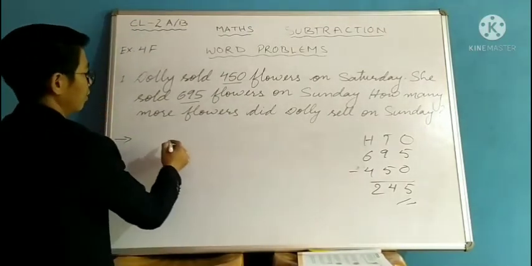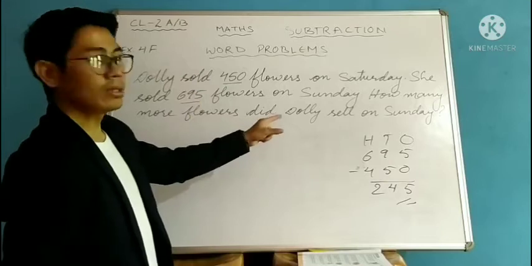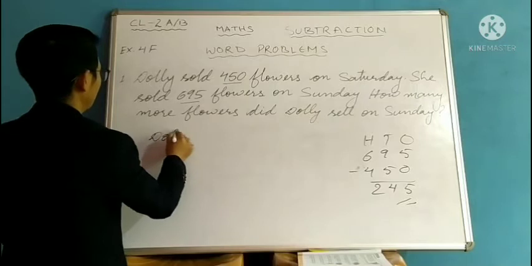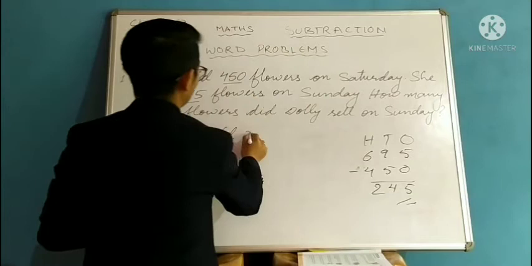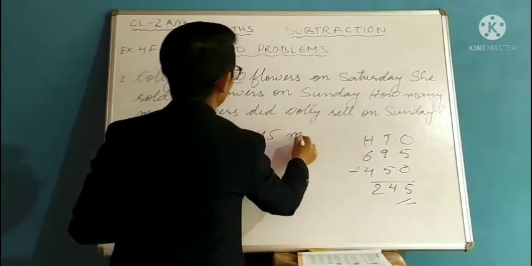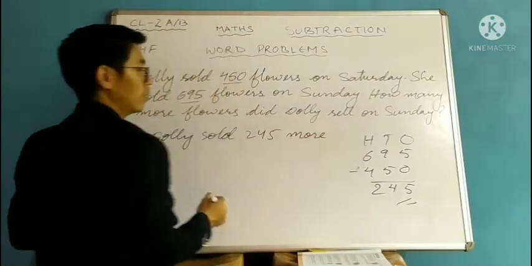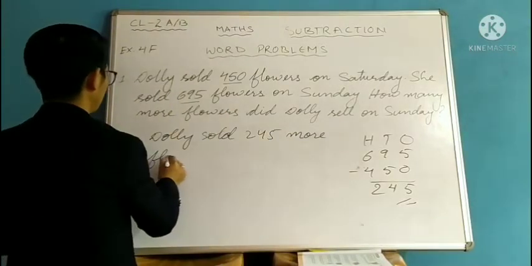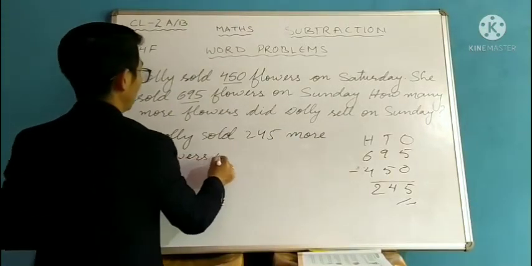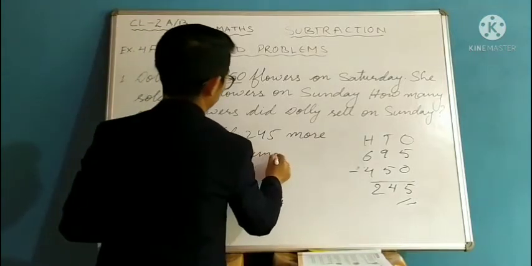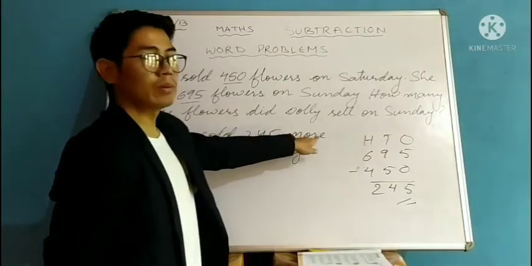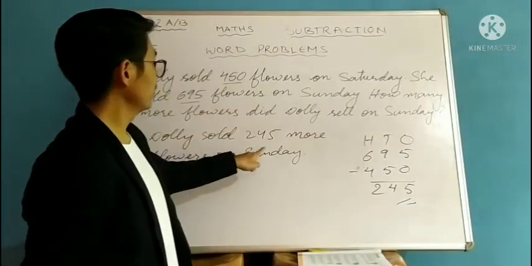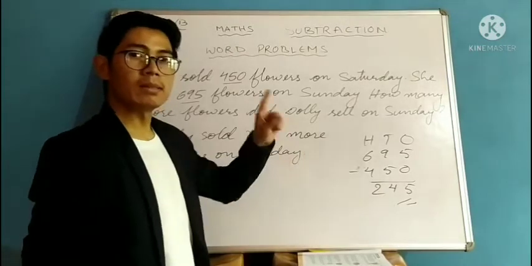So here Dolly sold 245 more flowers on Sunday. Dolly sold 245 more flowers on Sunday than Saturday.